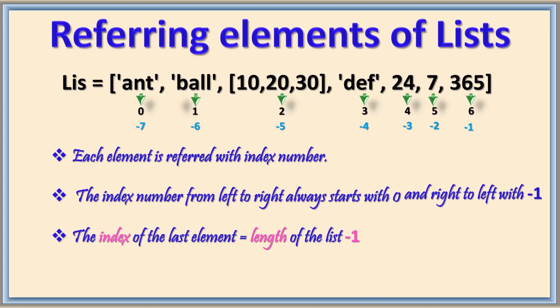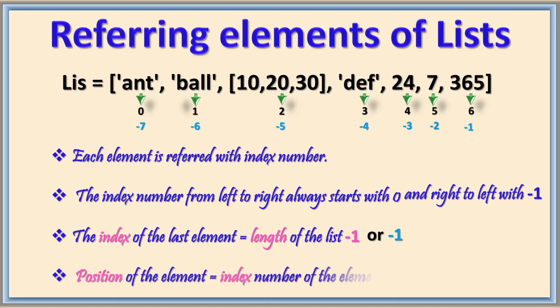The total number of elements in the list is the length. So the last index number will be 1 less than the length. The index number starts from 0, but when we count it is 1, 2, 3, 4, right? Or we can also use -1 as the index number, which will be the last element.